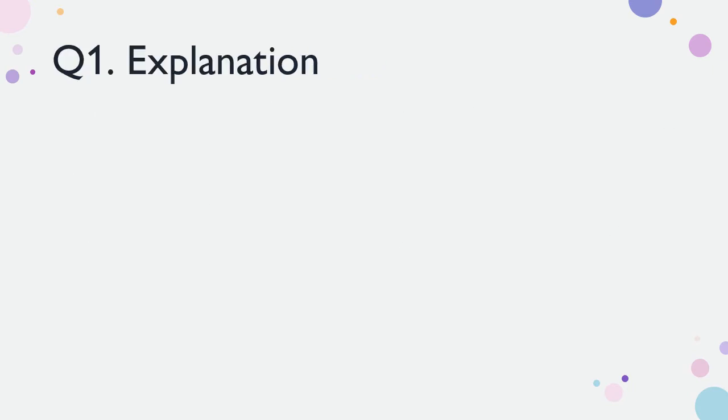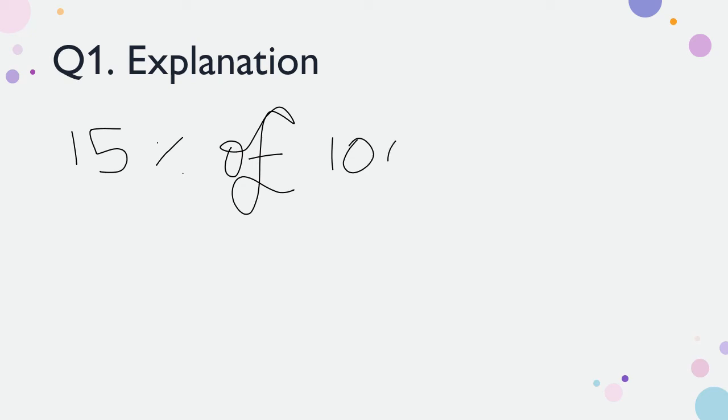So let's now explain question 1. The question is not written on this, however, I'll write it down now. 15% of 100. When we're doing 15%, we could use the building blocks method or the second crossover method.